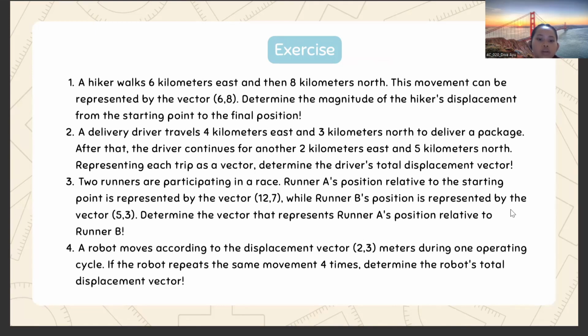The third question asks you to find the relative position of one runner with respect to another using vector subtraction. And finally, the fourth question involves scalar multiplication by repeating the same movement several times. Try to solve the problems step by step using the vector operations we have discussed.